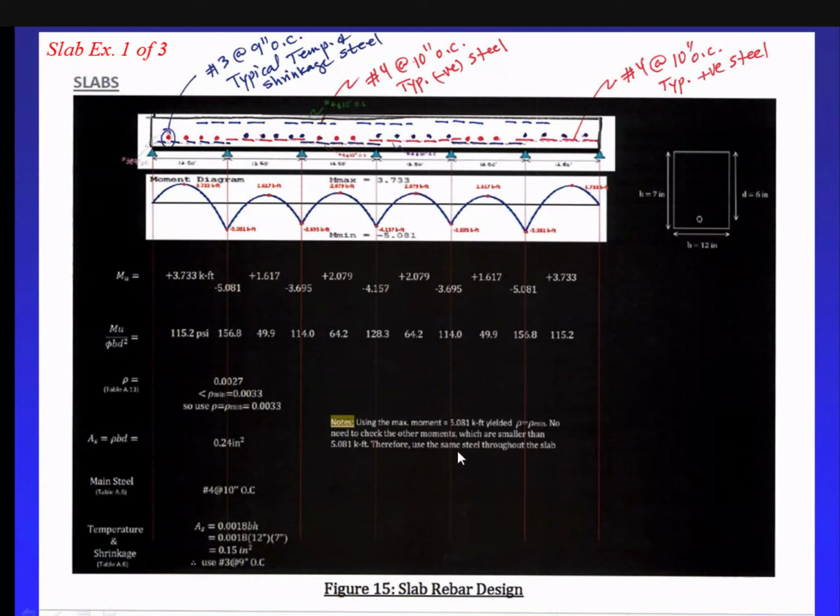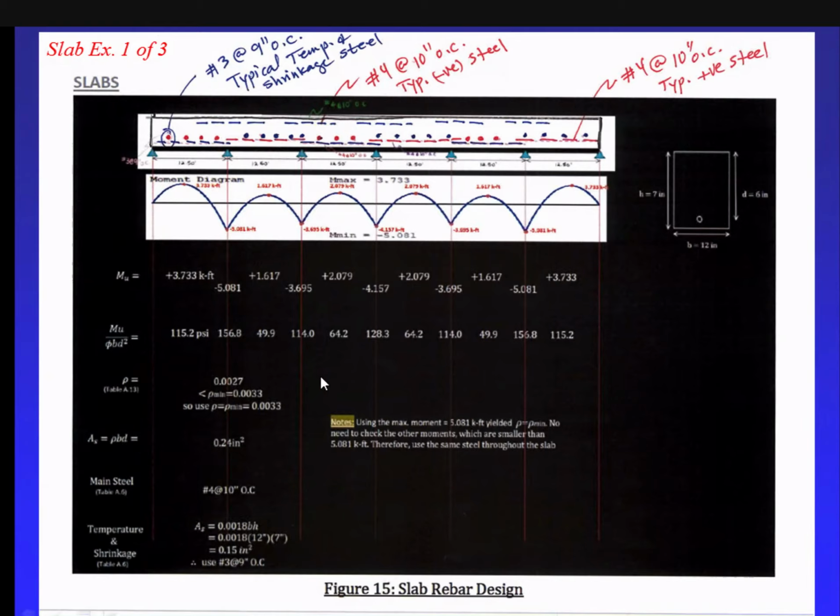Therefore, the same steel throughout the slab gonna be used. And that's why we're using number 4 at 10 for here, number 4 at 10 for them. Make sense? And most of the time in the slabs is gonna be like that. Sometimes it's different, but not a lot, but most of the time, is going to be like this because the dimensions are small.